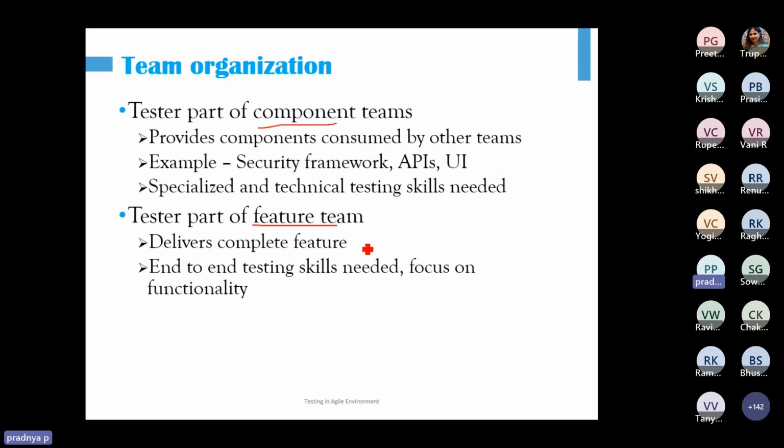Component teams are developers who develop reusable components for the product, for example an error logging framework, sets of APIs which are continuously used, and typical UI components which can be consumed by all other development teams developing that product.